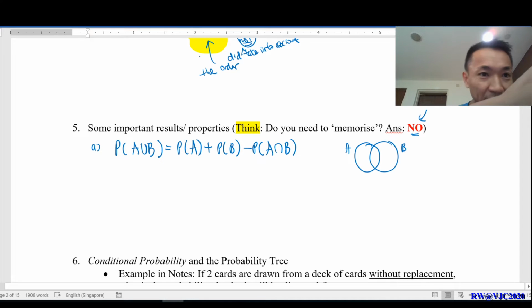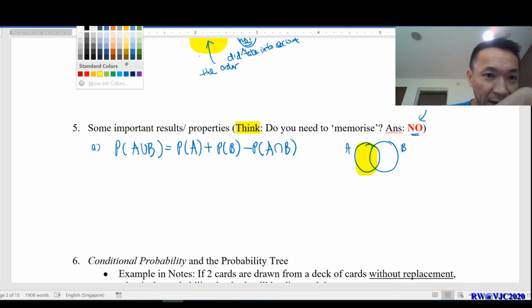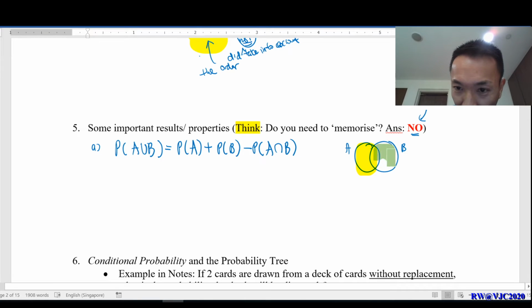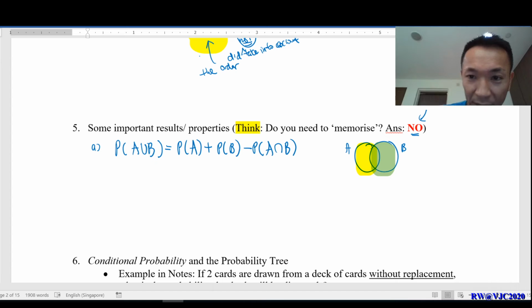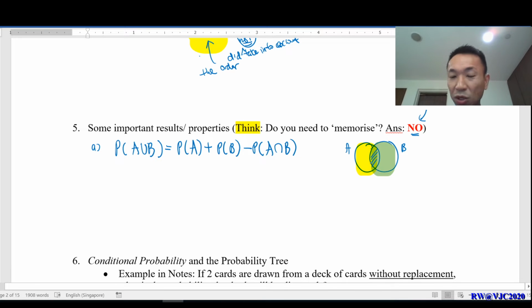If I take probability A and then plus probability B, I double count this sum once. So I must minus away the shaded part to get probability A union B.